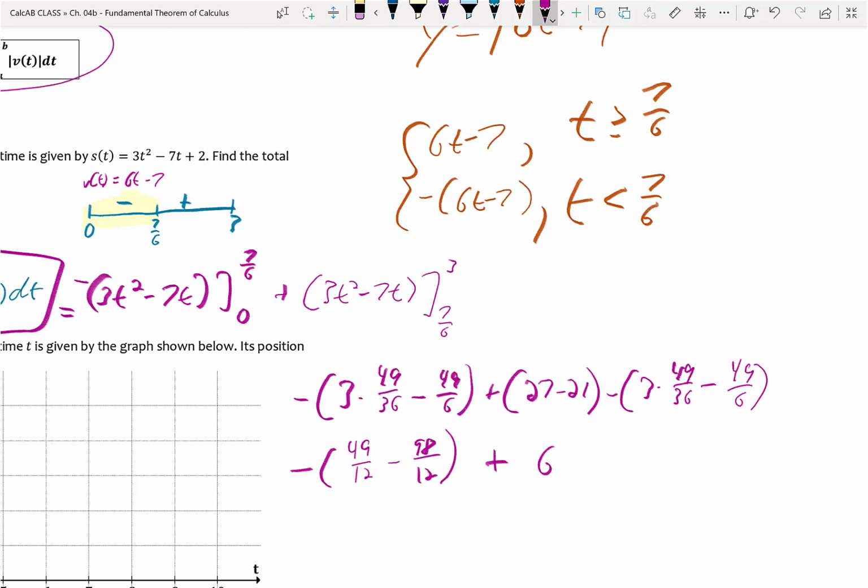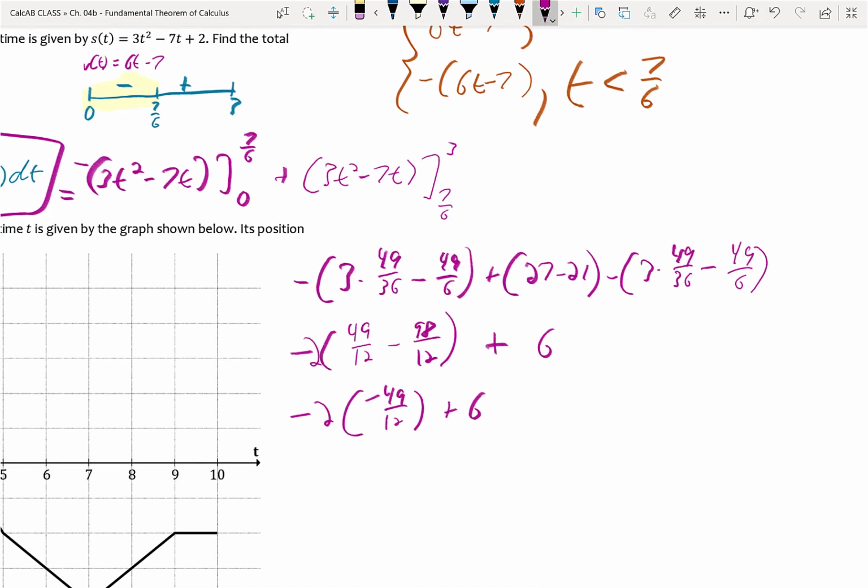which is the same as this minus right here, right? So can I stick a 2 in front of that? Because there are two of them. This and this are the same thing. And then I've got negative 2 times negative 49 twelfths plus 6, or 49/6 plus 36/6, or 85/6.